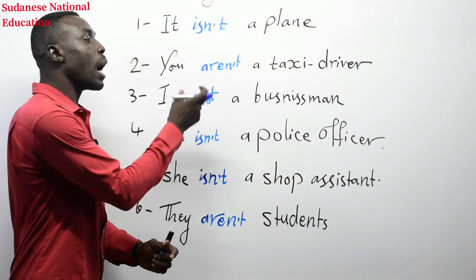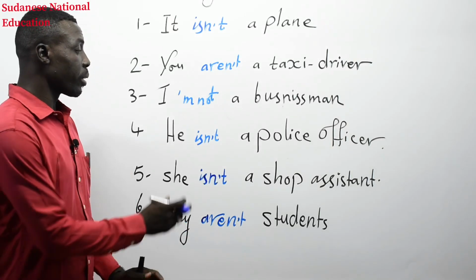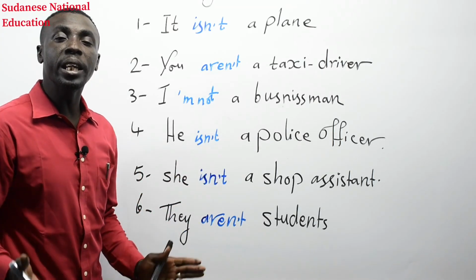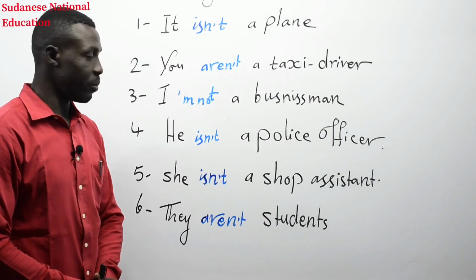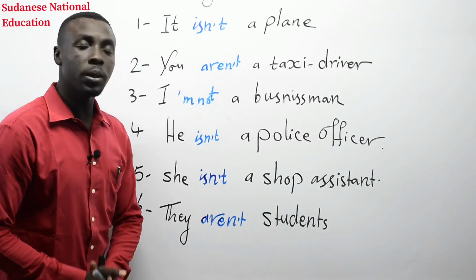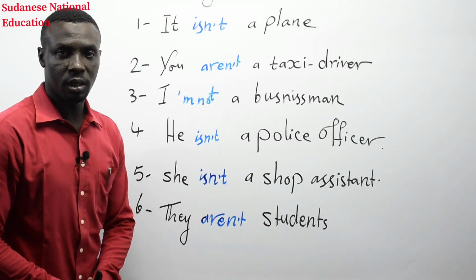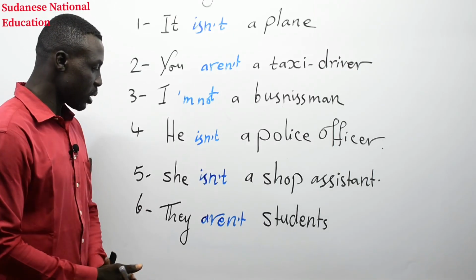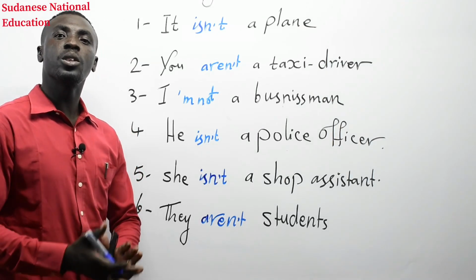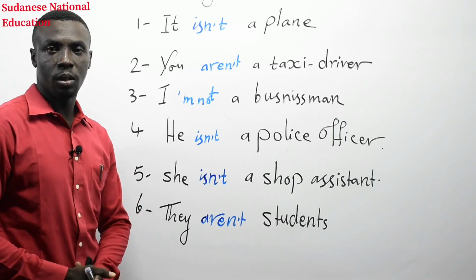Number four, he isn't a police officer. Number five, she isn't a shop assistant. Number six, they aren't students.